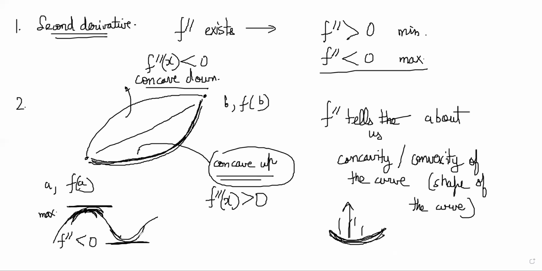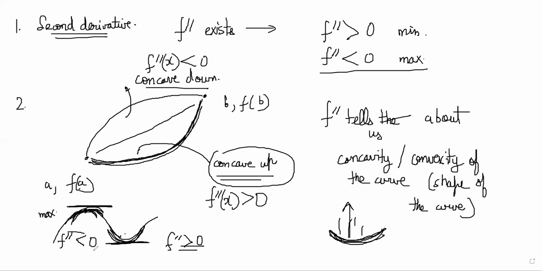If the shape is concave up, double derivative is greater than 0, then it is a minima. And if it is like this, it is a maxima. That is one way to figure out whether it is a maxima or a minima.